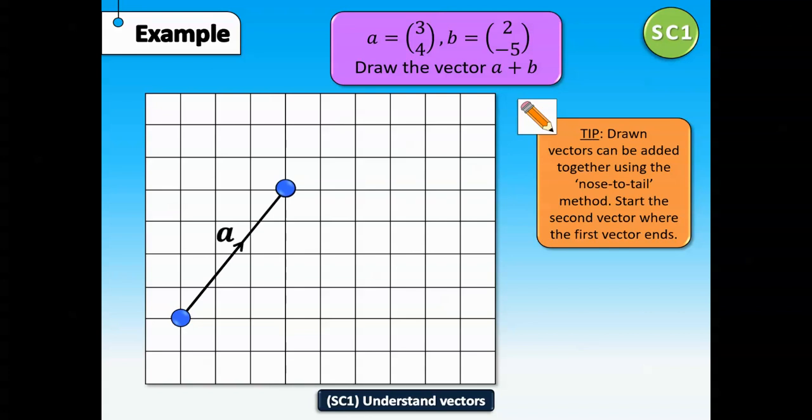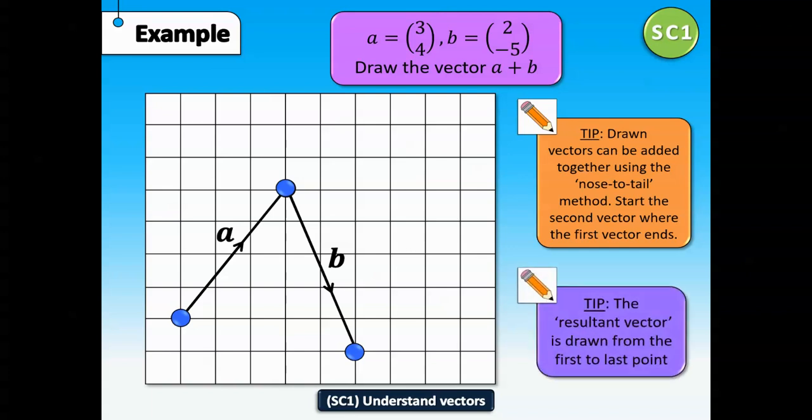So there's vector A. Then we draw vector B where vector A finished. So that's 2 to the right and 5 down. And there's vector B. So vector A plus B is known as the resultant vector, and that's there.